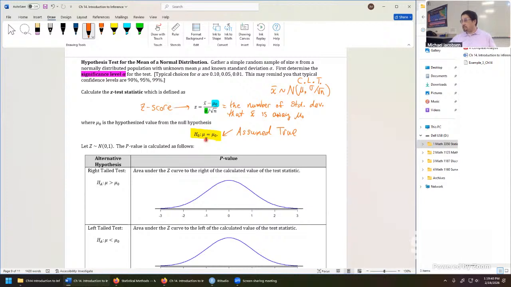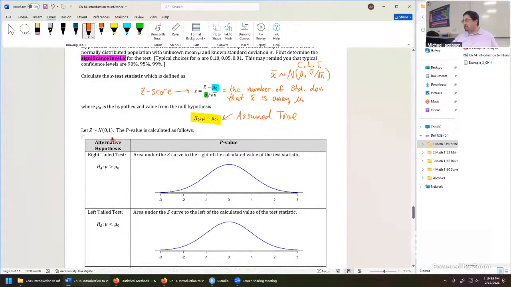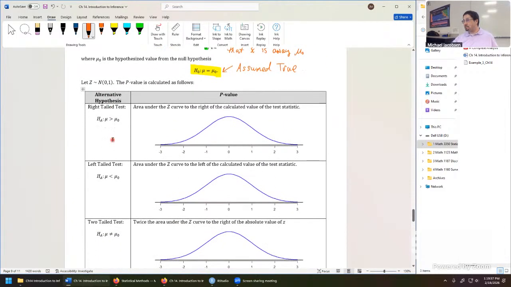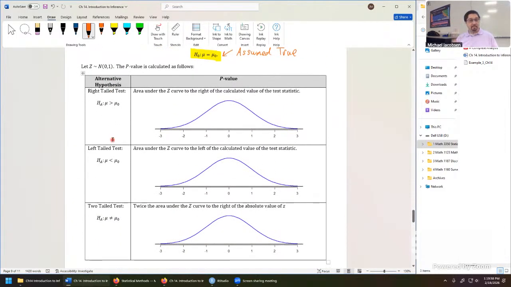Okay, well, good news here is our z-score is going to be distributed normally. So it'll follow the z probability distribution, distributed normally with a mean 0, standard deviation 1, so the standard normal curve. The tough thing about hypothesis testing is recall that there are three alternative hypotheses, which means the way we compute the actual p-value depends on which test it is, right tail versus left tail versus two tail.